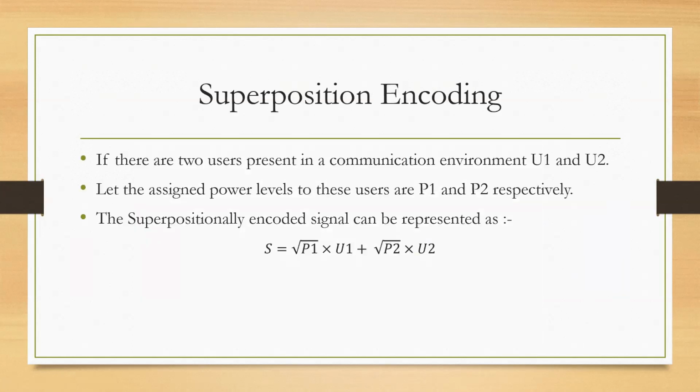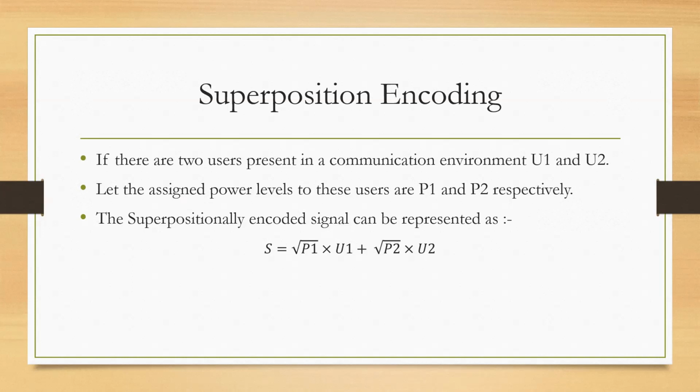Now, in case of superposition encoding, let's suppose there are two users present who want to transmit simultaneously in a single channel at the same time. There are U1 and U2. So their power levels, let's suppose they are P1 and P2, are going to be calculated according to the attenuation and noise susceptance of these signals accordingly.